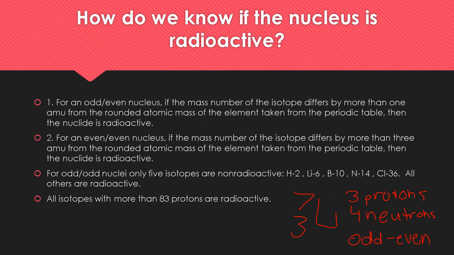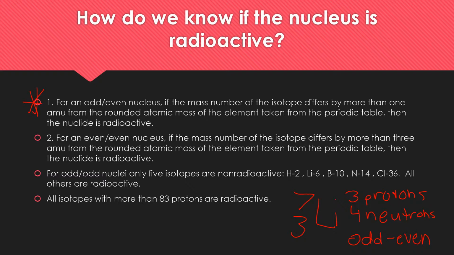So we would want to come over here and look at our odd-even nucleus. And for an odd-even nucleus, if the mass number of the isotope differs by more than 1 atomic mass unit from the rounded atomic mass on the periodic table of elements, then the nuclide is radioactive.